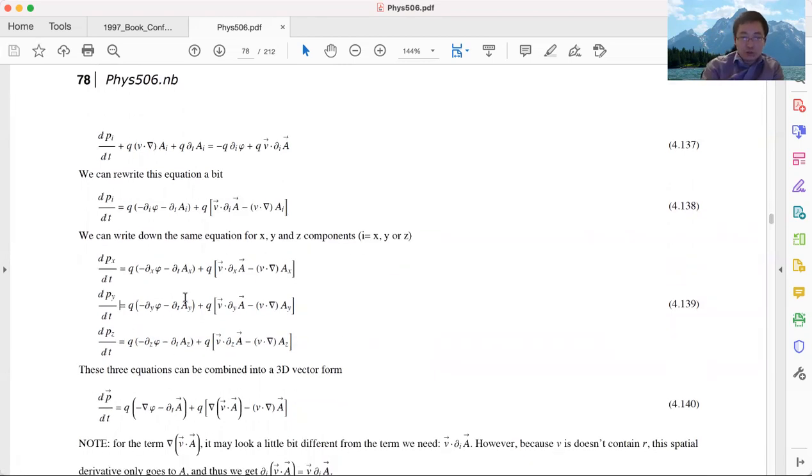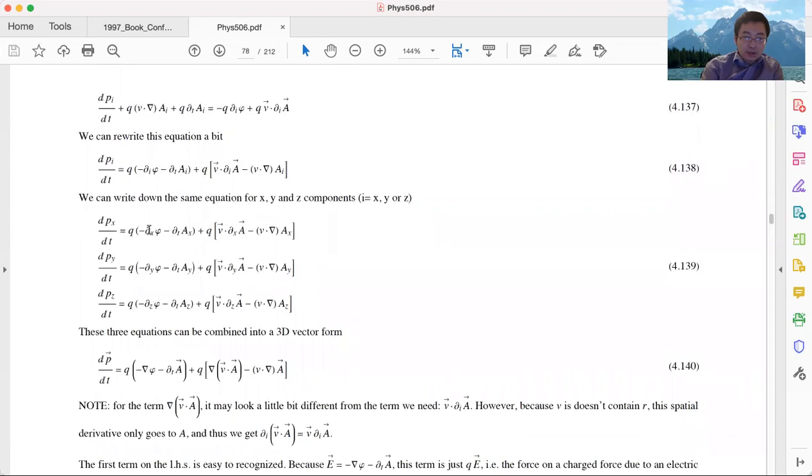These three equations of motion can be combined together in a vector. The left-hand side is dp/dt, with px, py, pz combined together as a vector p. On the right-hand side, the first term, the derivative of phi, gives me the gradient of phi if we combine these three equations together. And the time derivative of A, when we combine these three components together, is the time derivative of the vector potential.